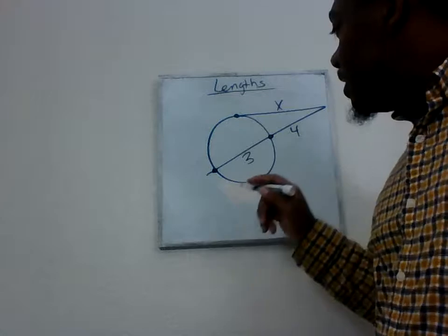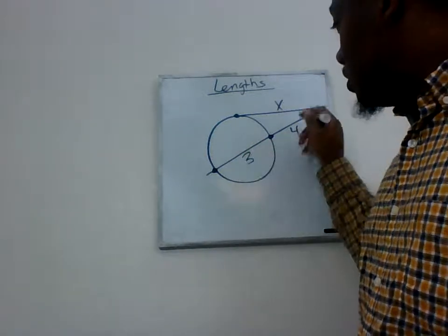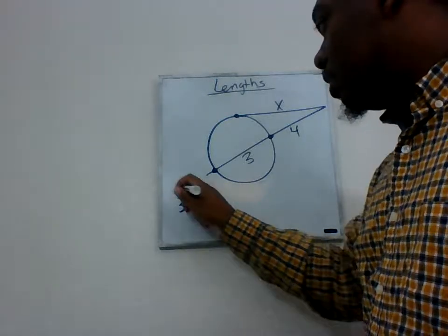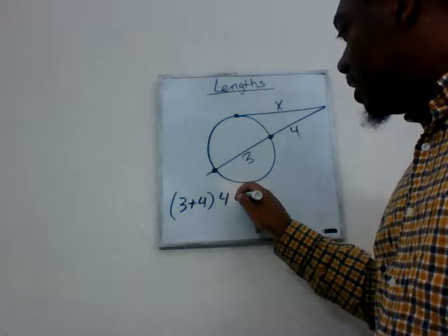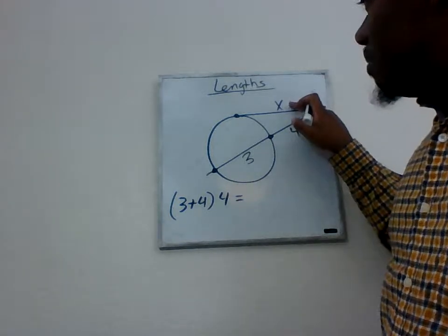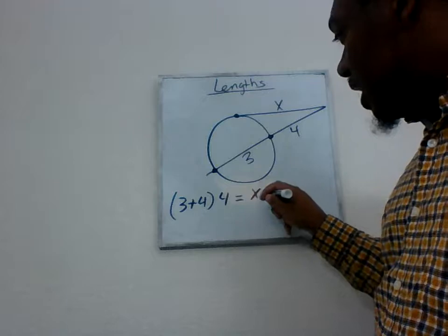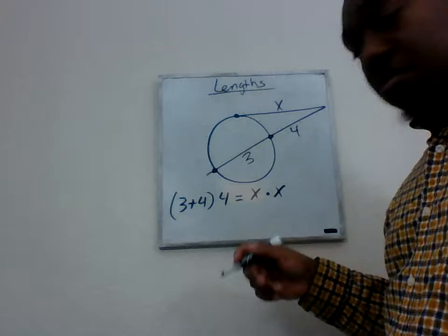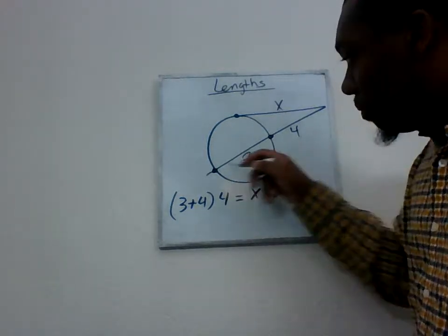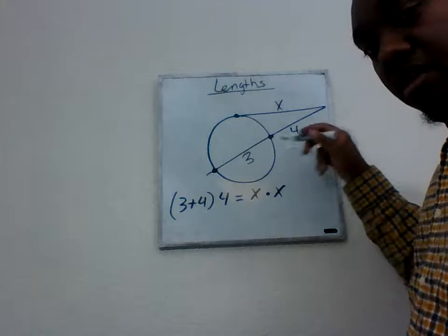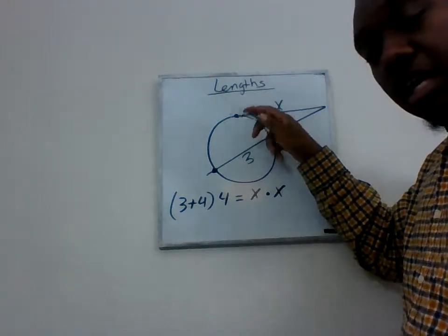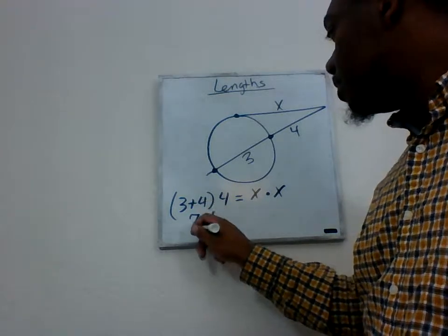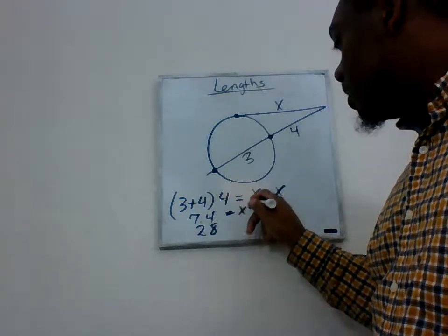To find this, we take the total length of this secant, 3 plus 4, multiplied by how much is outside, and that will equal the same thing for the tangent: the total length, x, times how much is outside, x. So we end up with 7 times 4, which is 28, equals x squared.